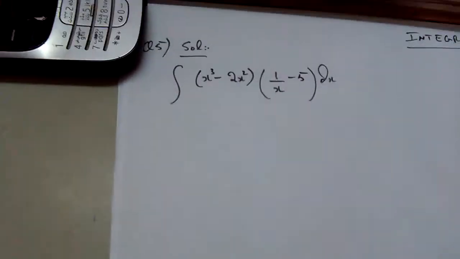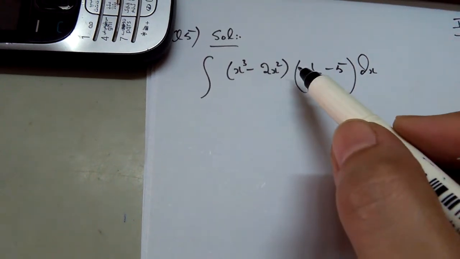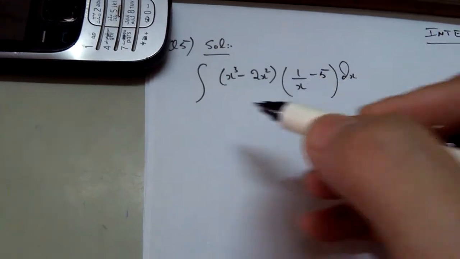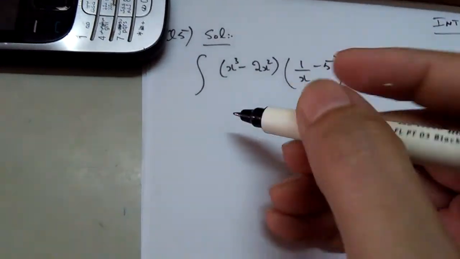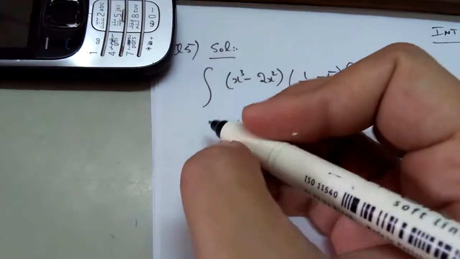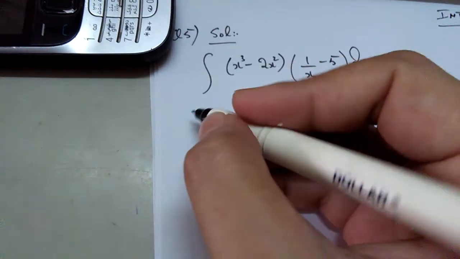Basic integral. So over here you have to analyze that this integrand isn't that simple for us, so we have to simplify it first. So let us now help out this integrand by multiplying these two factors.